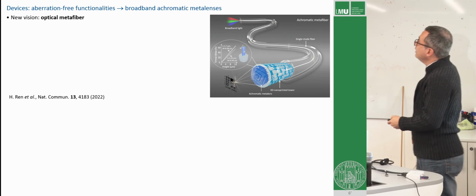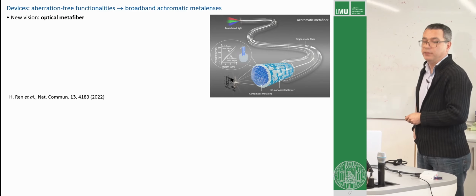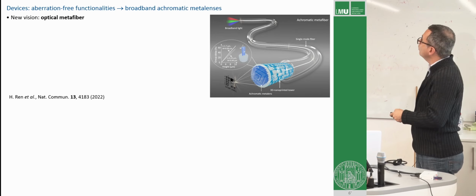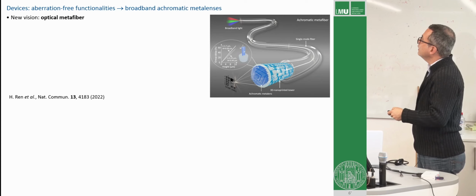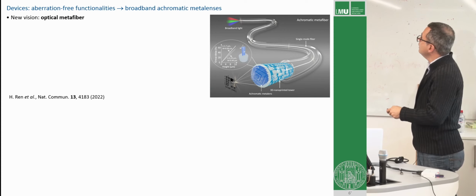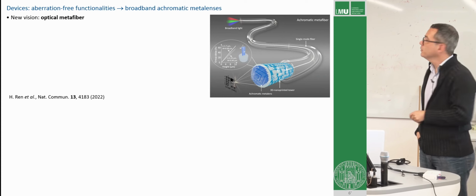Another important device came with a new vision of the optical metafibers. So in this case, this work intended to design an aberration-free metalens. So the idea is to get an ordinary single-mode optical fiber, right?